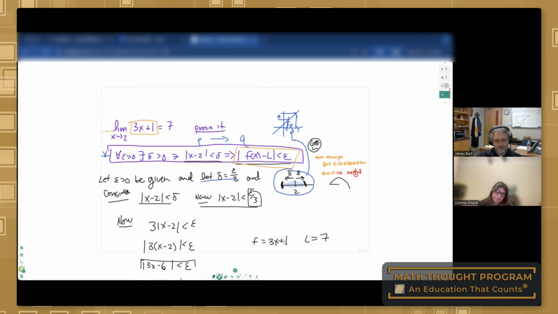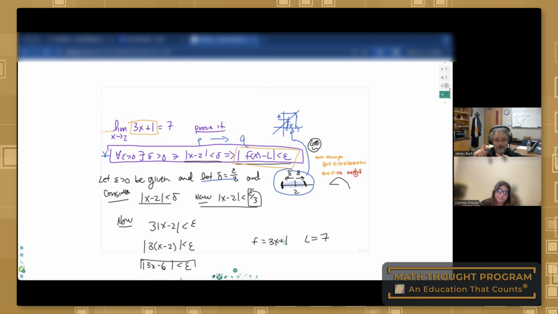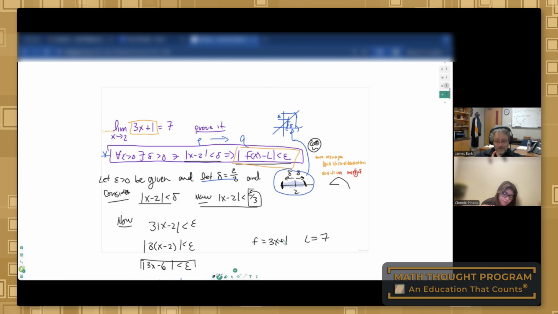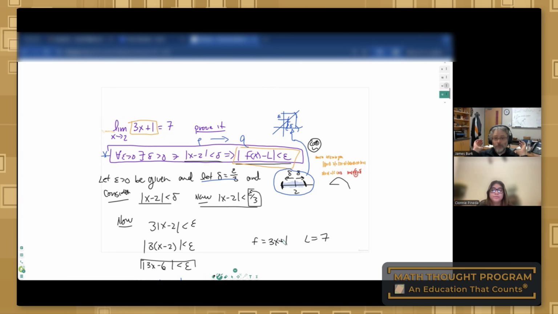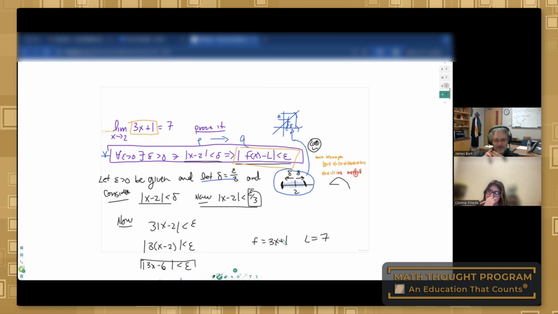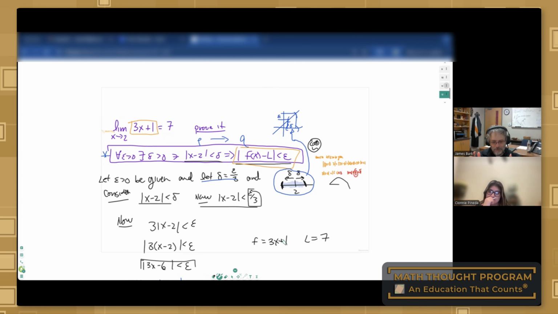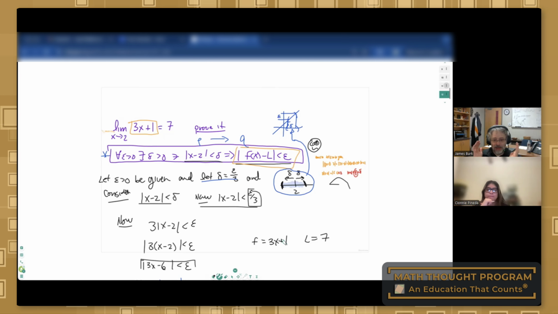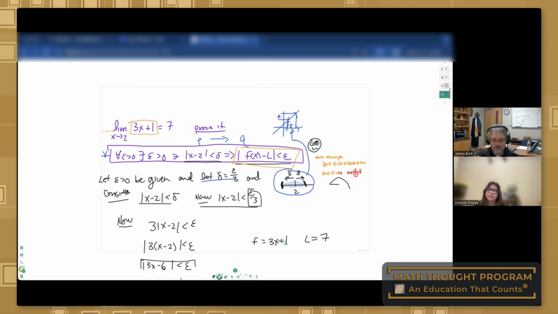Right. Yeah. That's it. So again, epsilon, that's going to be given. You can just make that your opening sentence pretty much whenever you're doing these proofs. The next thing you're going to be shooting for is to push the proof to the side, get some scratch paper, and do some reverse engineering and say, okay, what do I need for delta?